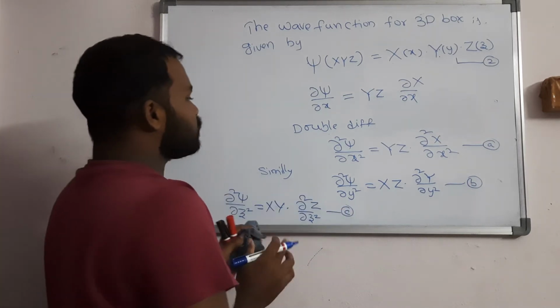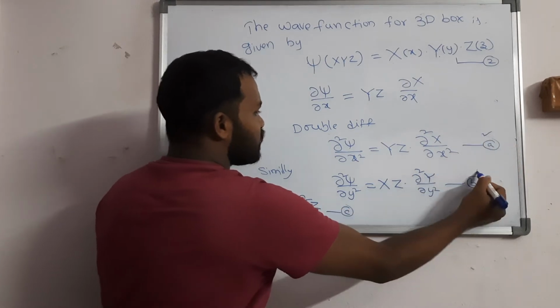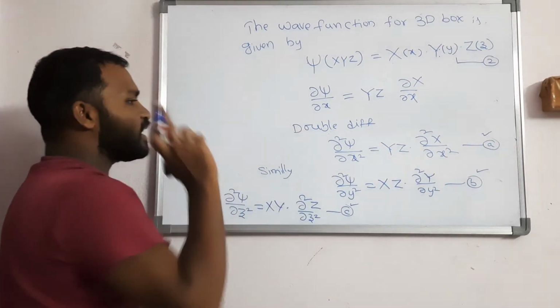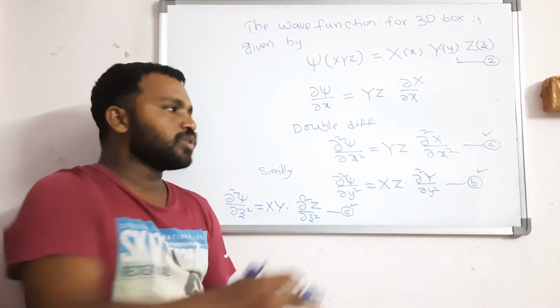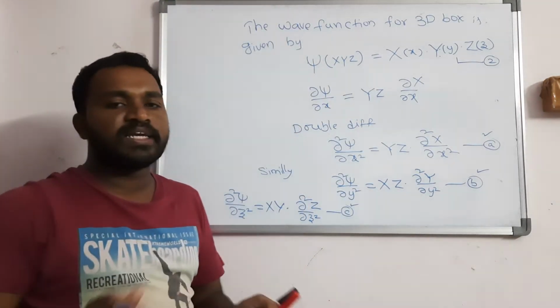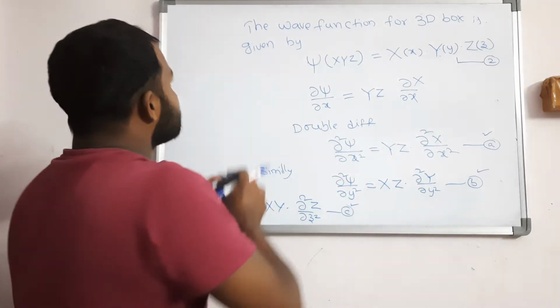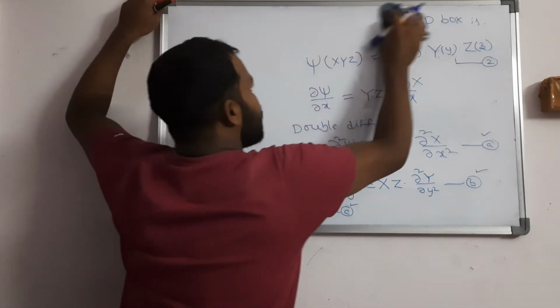Now substitute equation A, equation B, equation C in equation number 1, that is the Schrodinger equation. Substitute all the values in the Schrodinger equation, then you will get another equation, so I am going to write that equation.